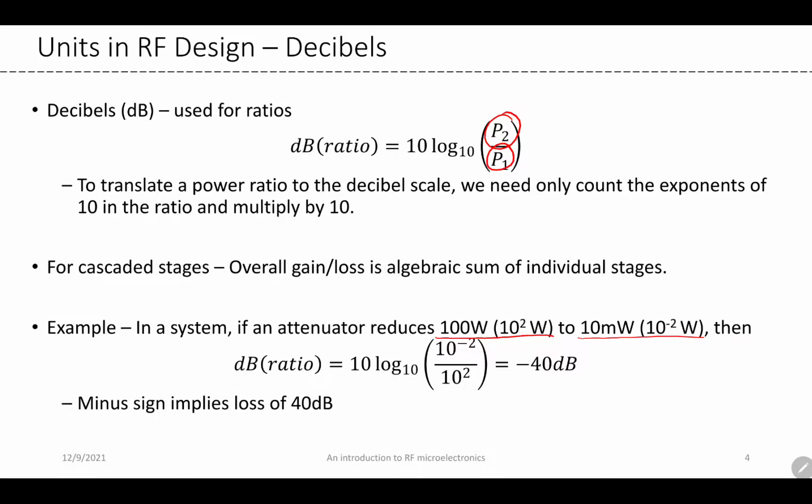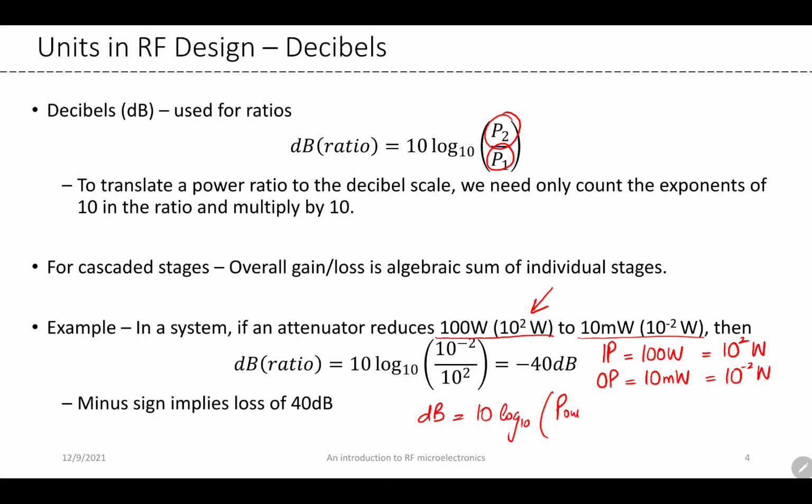If we take this system, the input power is 100 watts, and the output power of the attenuator is 10 milliwatts. Now 100 watts is 10 to the power 2 watts, and 10 milliwatts is 10 to the power minus 2 watts.